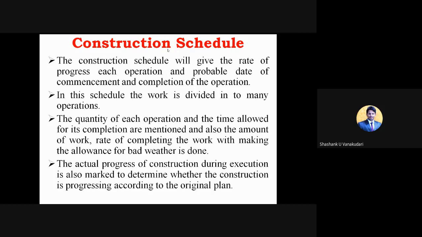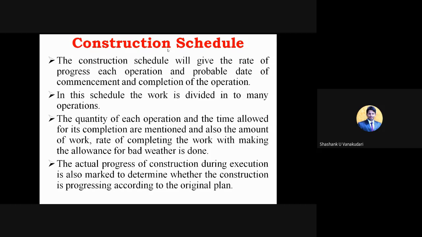After the formwork, placing of the concrete, and then the curing process, right? So many sub activities will be there. We can show in this construction schedule the main activity as well as its sub activities. That you are going to study in the work breakdown structure. We'll be studying that work breakdown structure also, like how exactly the project can be divided into a number of activities as well as sub activities.